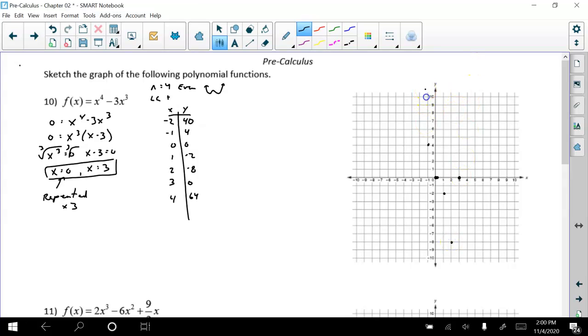So what happens is it's going to go down through 0, 0, keep going down, and then bounce back up again. So that's basically what the graph is going to look like. So there is our graph. Remember that end behavior: it rises to the left and it rises to the right.